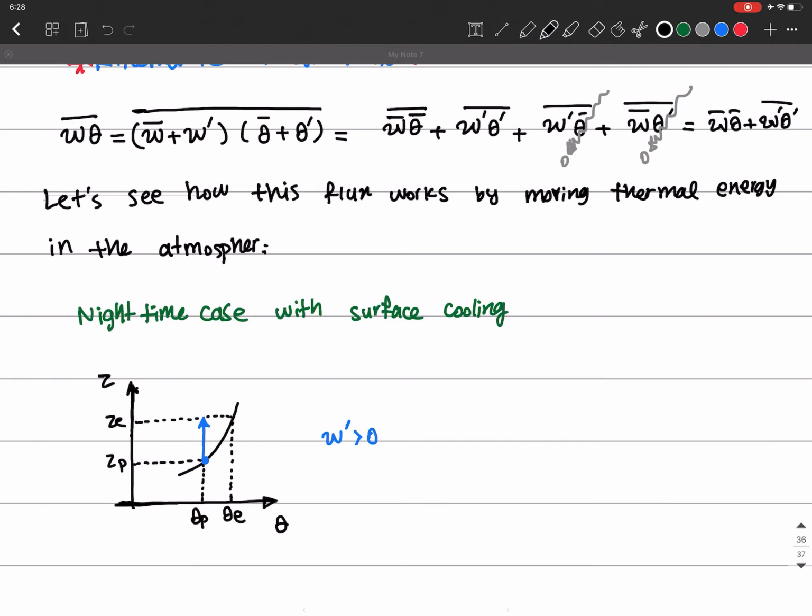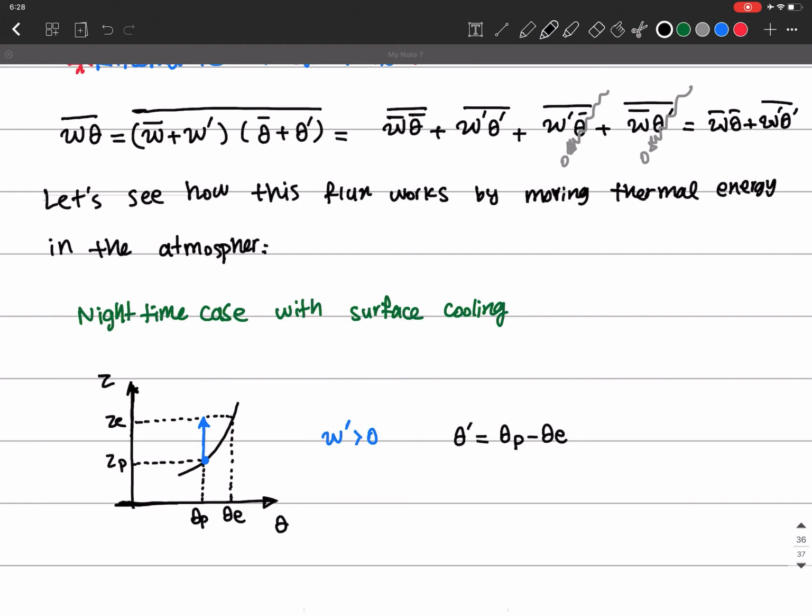So what happens to the temperature? Theta prime in this upward movement is going to be theta P minus theta E, right? The parcel still keeps its own temperature.